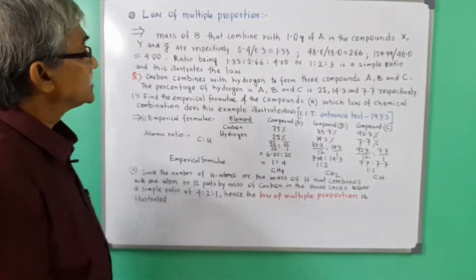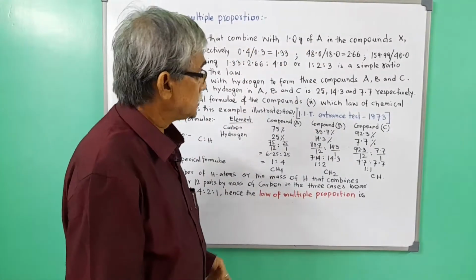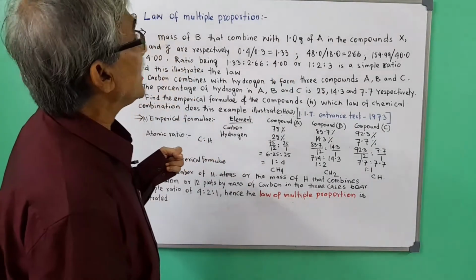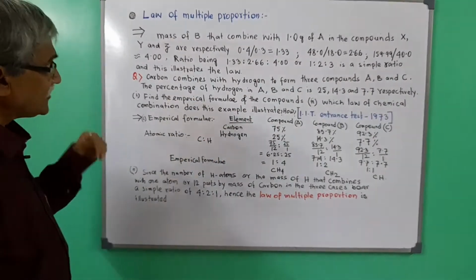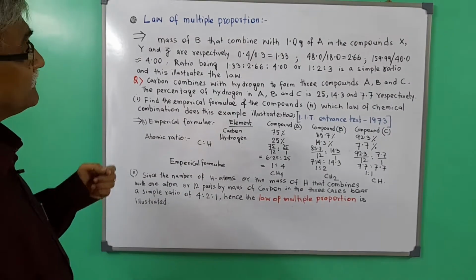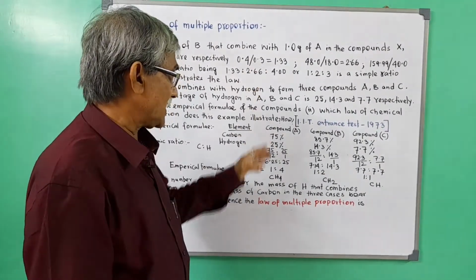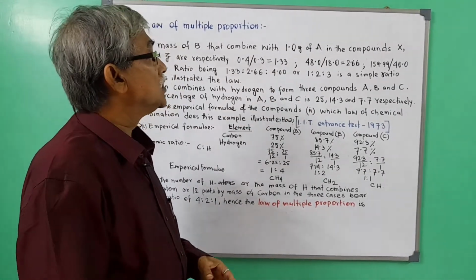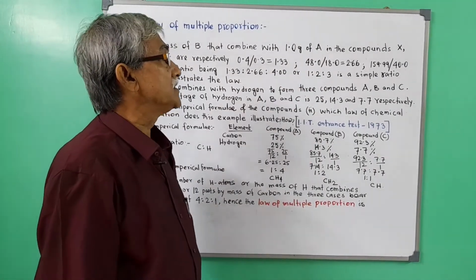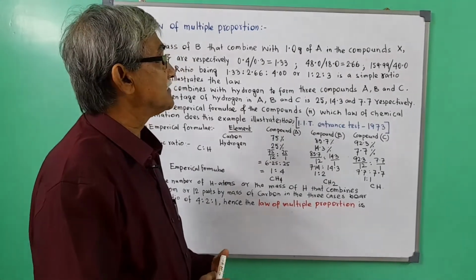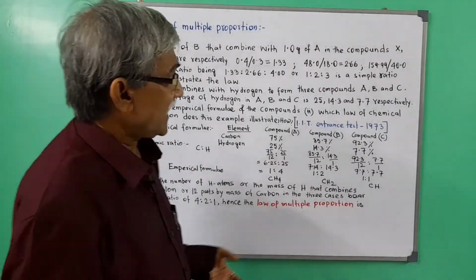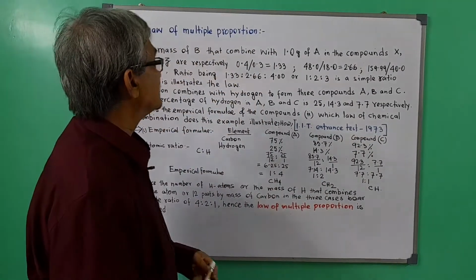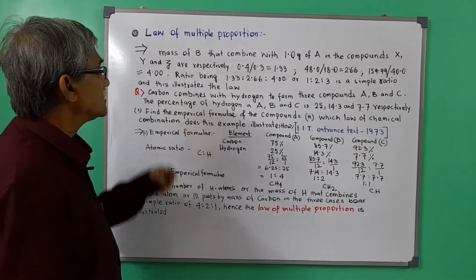Mass of B that combine with 1.0 gram of A in the compounds X, Y and Z are respectively 0.4 upon 0.3, that amounts to 1.33, 48.0 by 18.0, that amounts to 2.66, and 159.99 upon 40.0, that amounts to nearly 4.